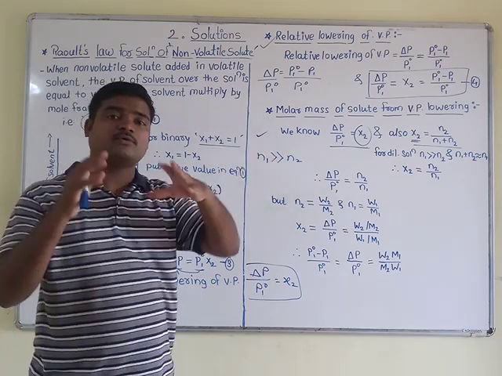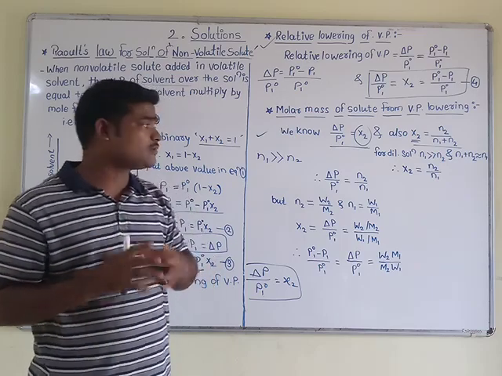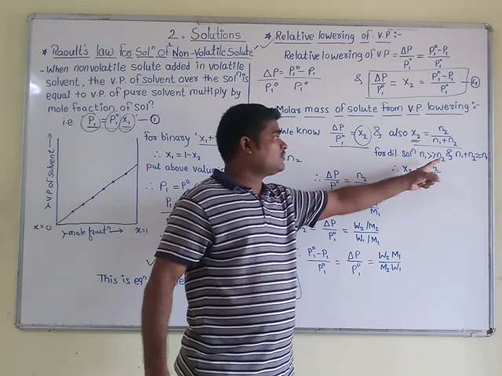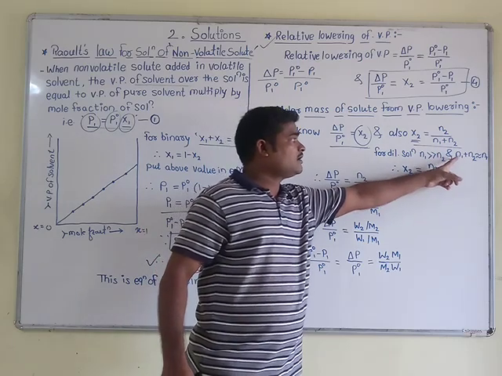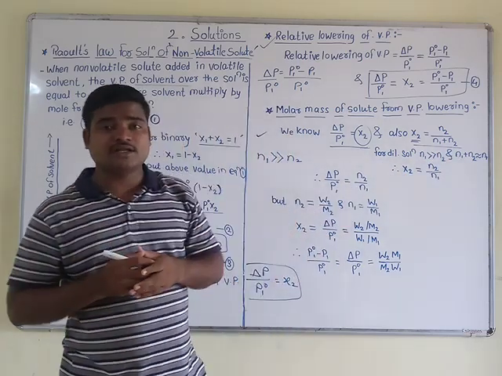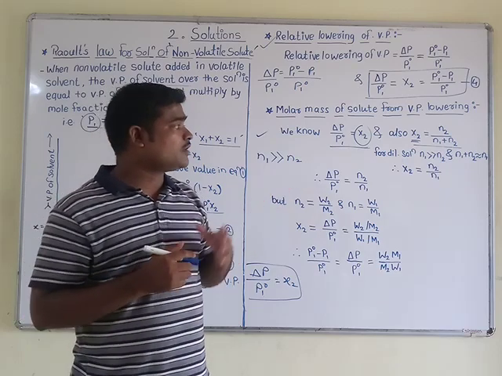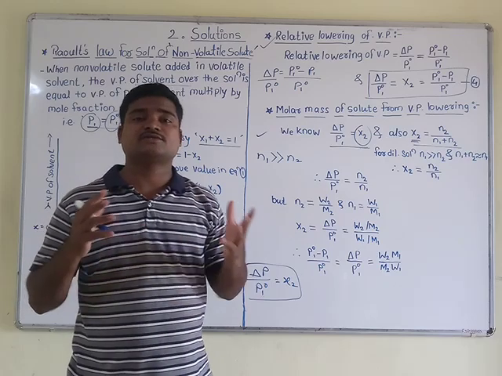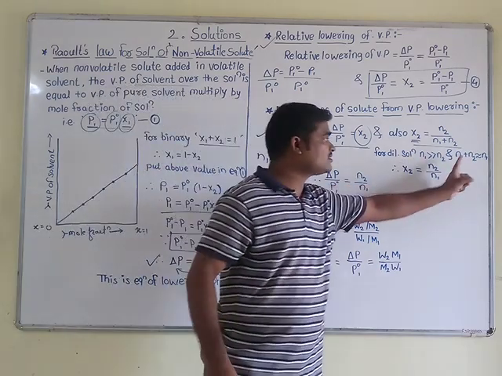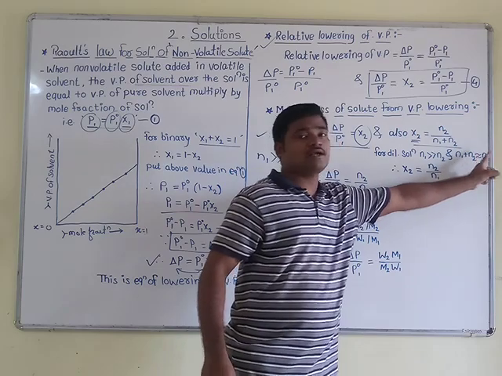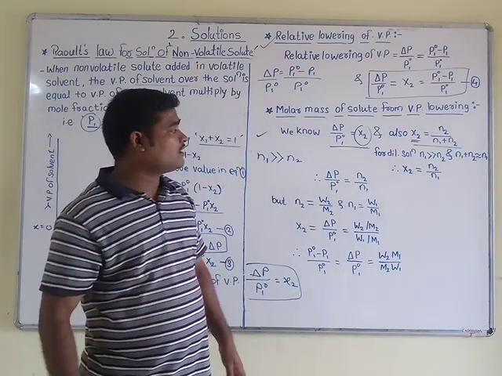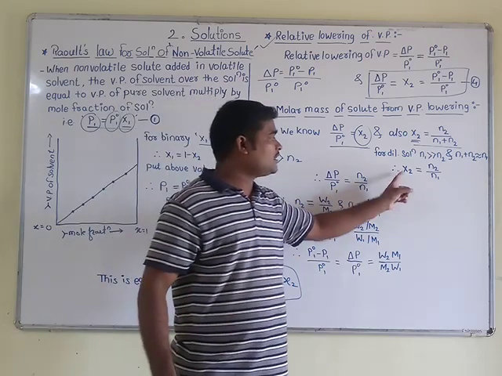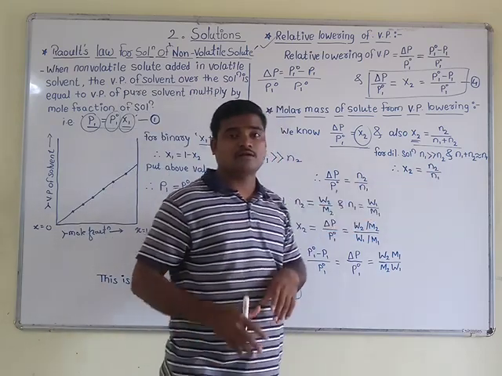The number of moles of solute is very small, so the value of N1 will be larger, and in the total number of moles, N1 dominates. So N1 plus N2 is nearly equal to N1, because N2 is a very small quantity. So X2 becomes N2 upon N1.